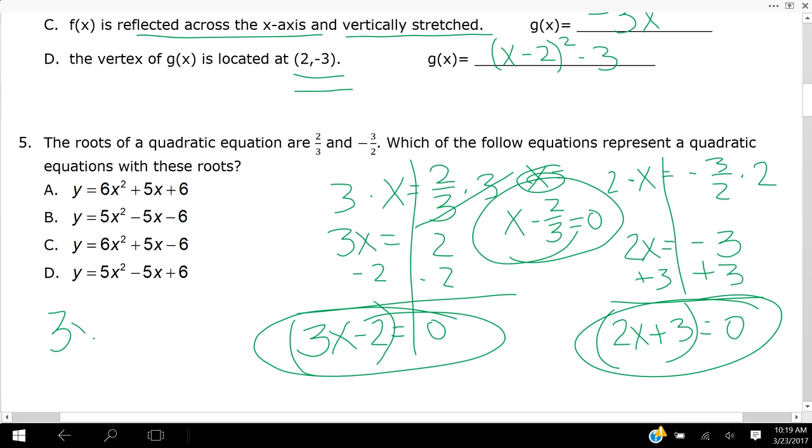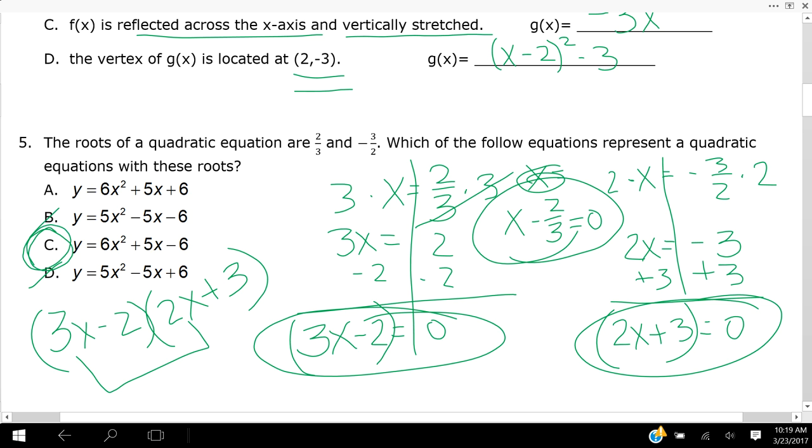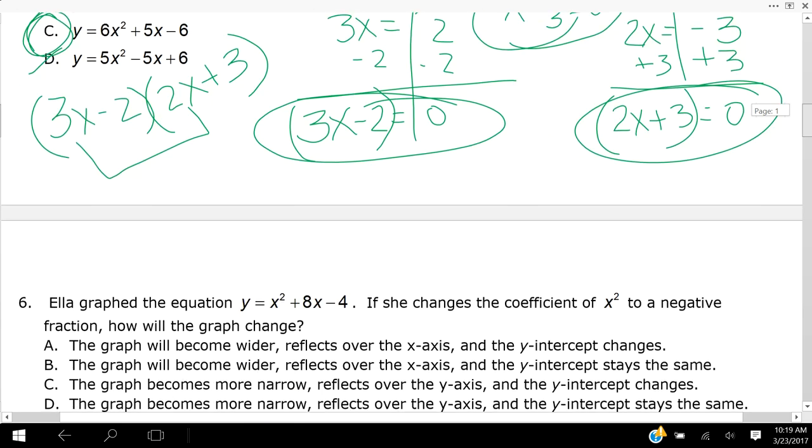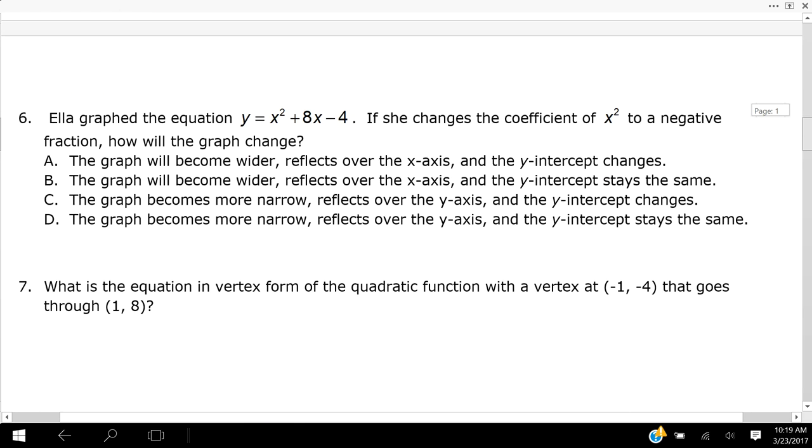So I'm going to end up with 3x minus 2 times 2x plus 3. So I know right now I'm going to have 6x squared. And I'm going to have minus 6. So I know my answer. I don't really need to work it all the way out, but I can if I'm doing what I'm supposed to be doing.